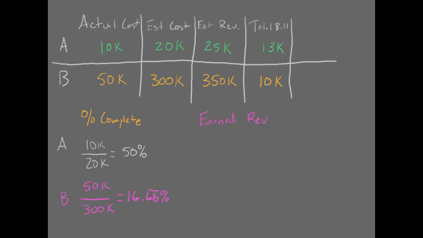So let's switch over to our project A here. Project A, if we take our 50% and we multiply it by our estimated revenue of $25,000, which I got from up here, we are going to get $12,500 in revenue.